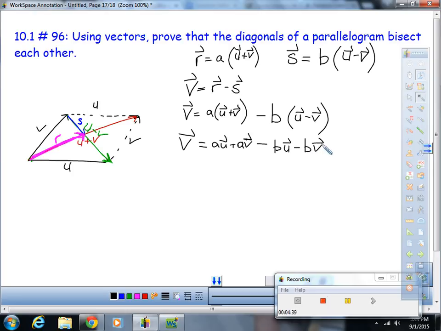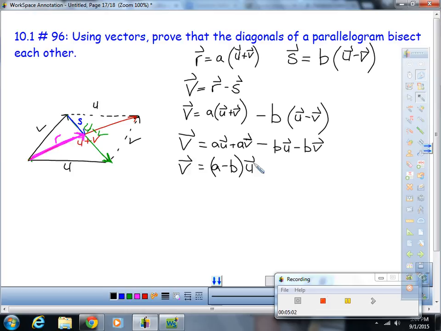All right, now the distributive property holds true for vectors, so we can rewrite this as A minus B scalars times vector u.